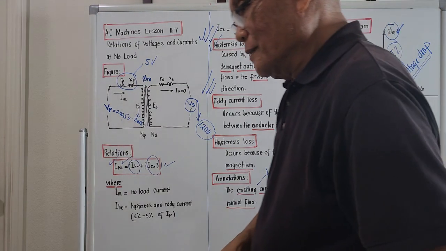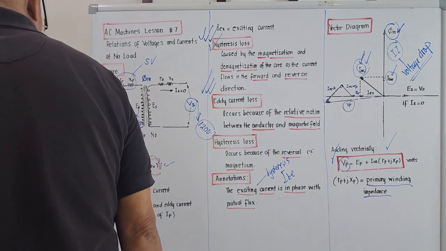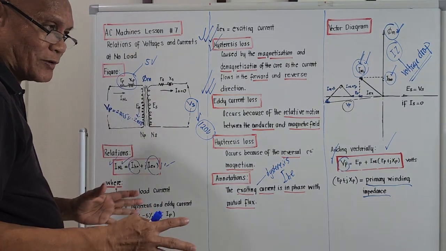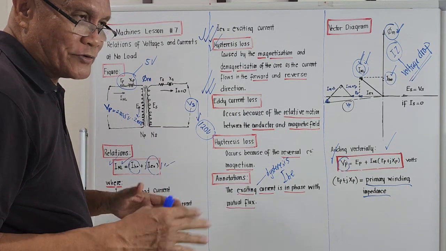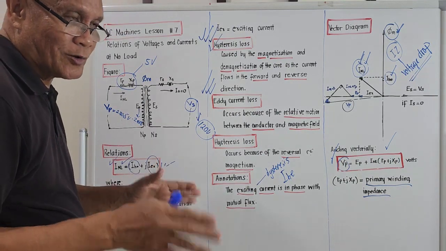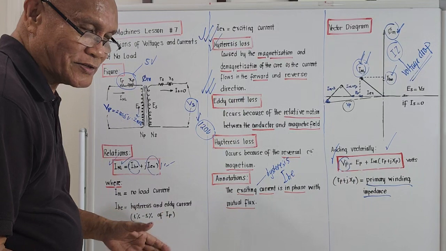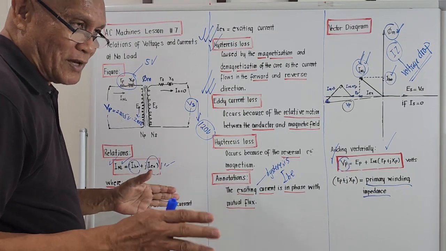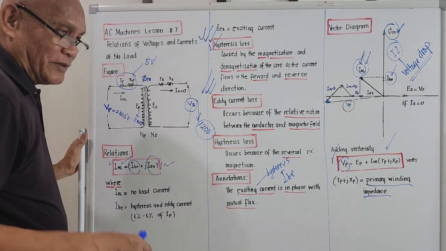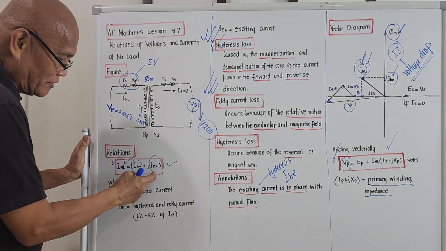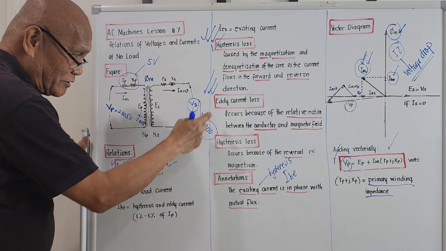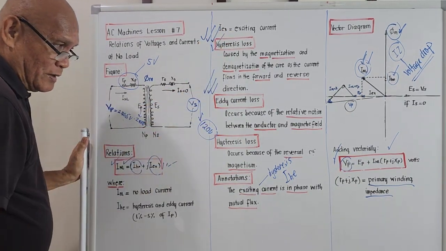Okay, that's it, guys. That is how we arrive at a certain voltage on the other side. To compensate for the losses, we must include the effect of the resistance and inductance loss. In the current computation, there is the effect of the hysteresis and the other losses, that is the eddy current and the hysteresis.